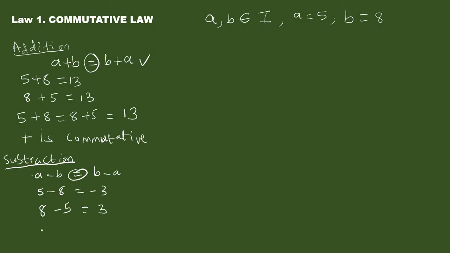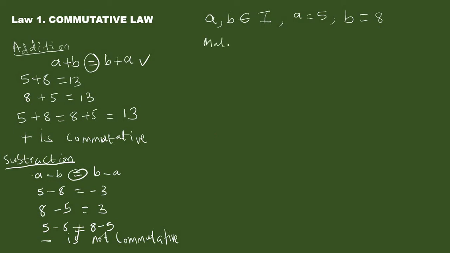The results are not the same. So 5 minus 8 is not the same as 8 minus 5. So subtraction is not commutative. Hope that is clear.